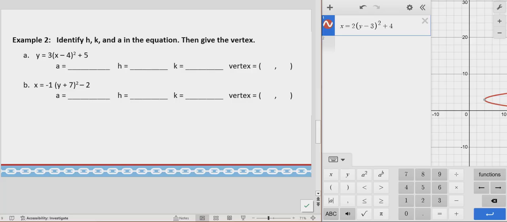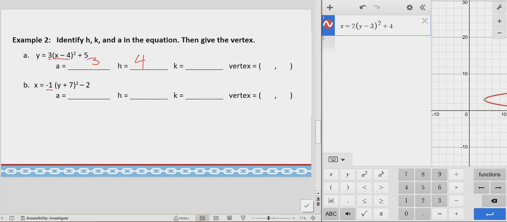For example 2, all we are doing is looking at identifying a, h, and k. For both of them, the a value is always out in front of the parentheses. Part A is a y equals equation, so your h value is inside the parentheses with x, and it is going to be the opposite value of what you see because the generic formula is x minus h.